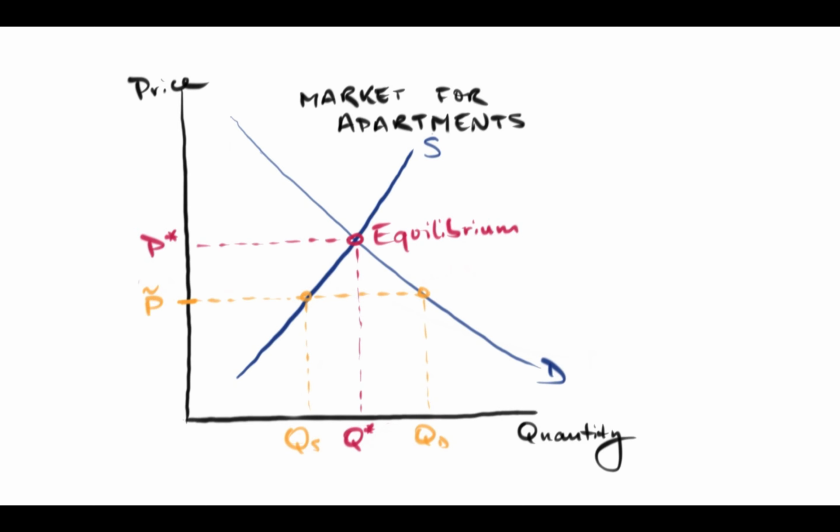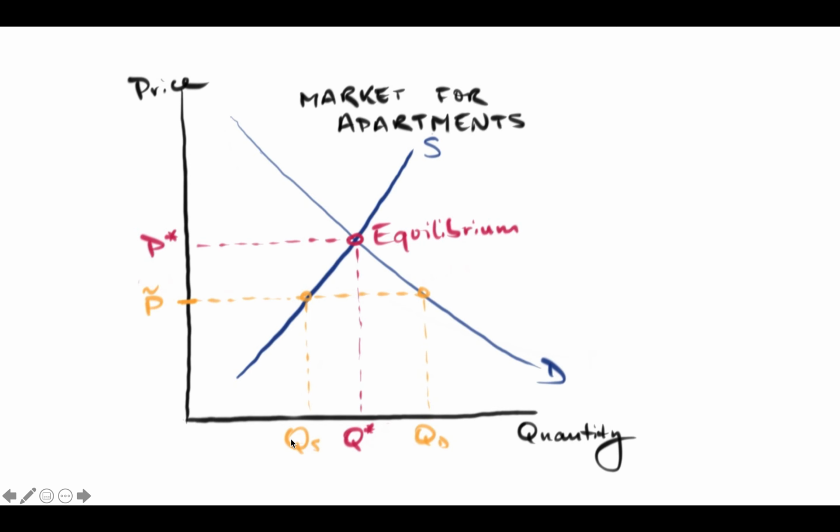Well, we can see what happens to quantity demanded and quantity supplied at this price. The demand curve tells us that at a price of P tilde, the quantity demanded would be QD. And the supply curve tells us the number of apartments that would be supplied at this price. I've labeled that QS.